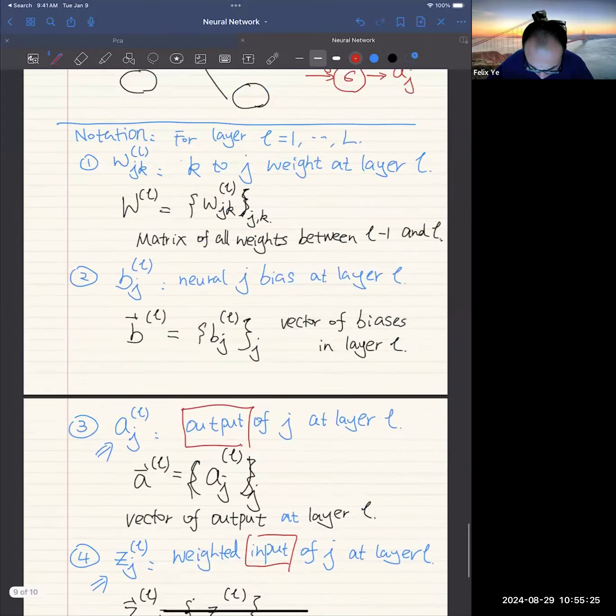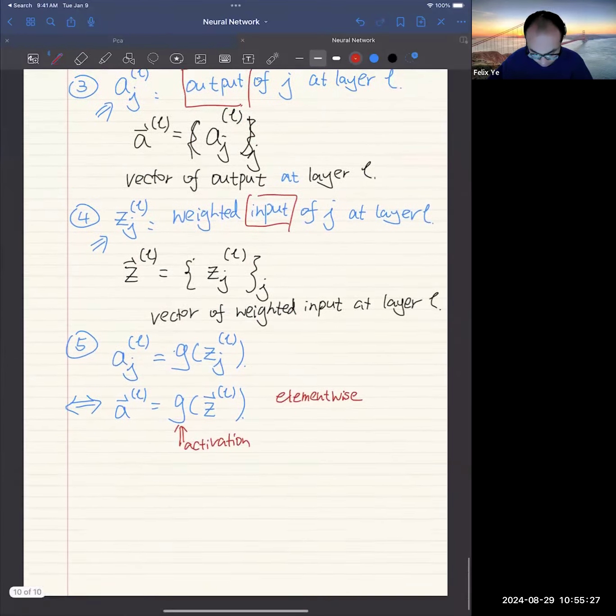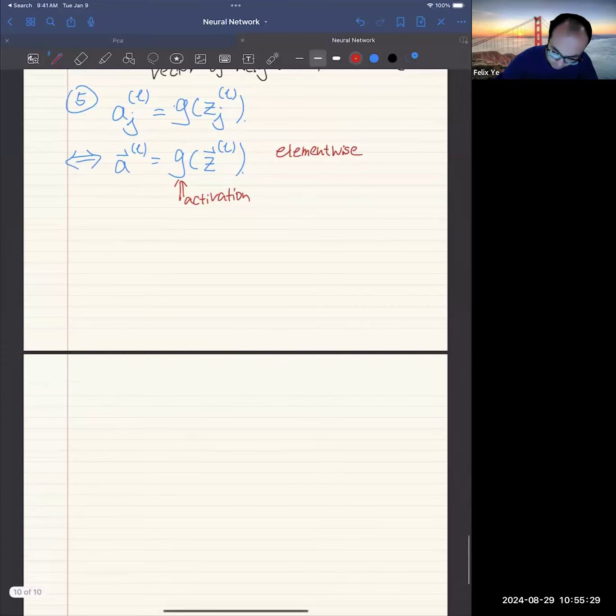So the parameter that we are interested in, theta, is basically all these weight parameters at different layers.